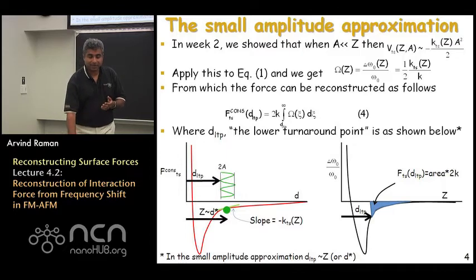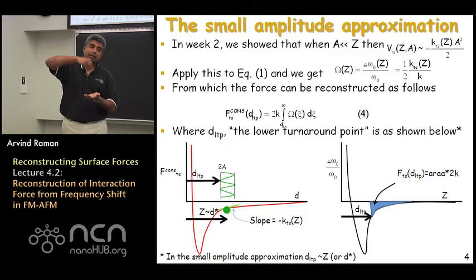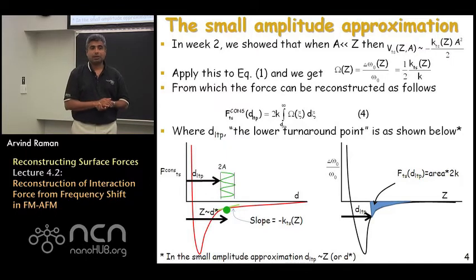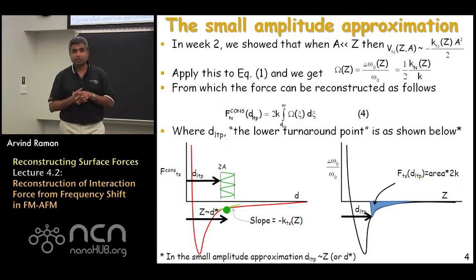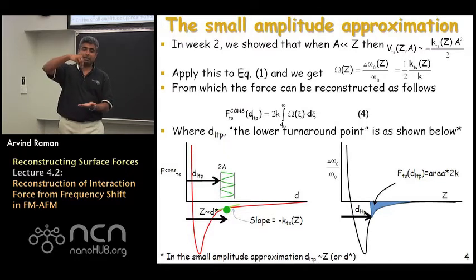What it refers to is the fact that as the tip oscillates, z is the average gap between the tip and the sample, and as it oscillates, z minus A is going to be the closest approach distance, or the gap at which the tip starts turning around. So d_LTP refers to the lowest point in this oscillation cycle. Now, in the context of extremely small oscillation amplitudes that we have considered here, we're already assuming that the oscillation amplitude is much smaller compared to z.